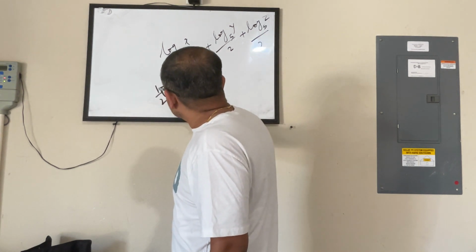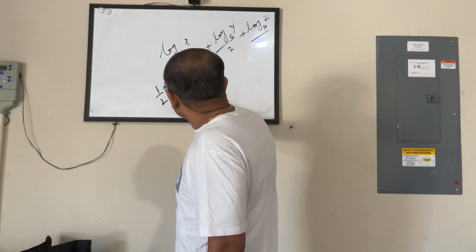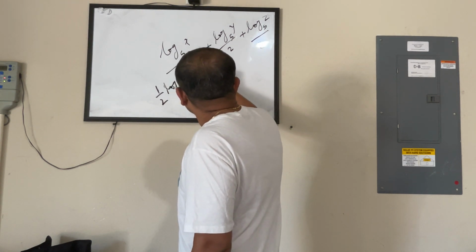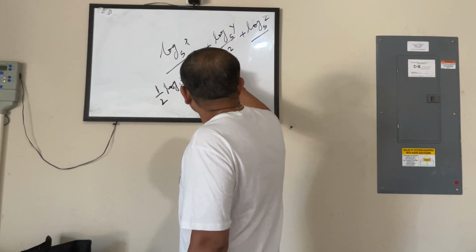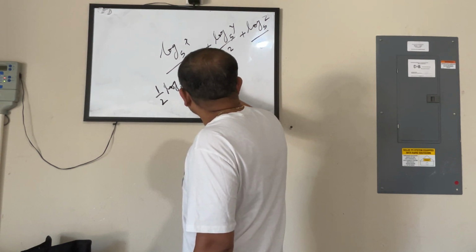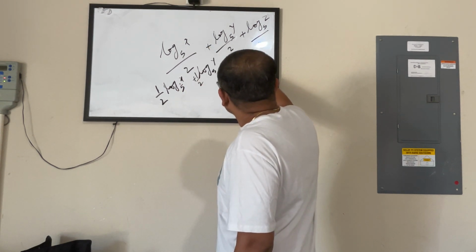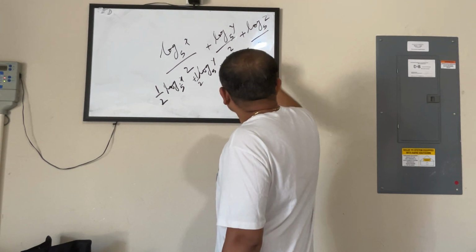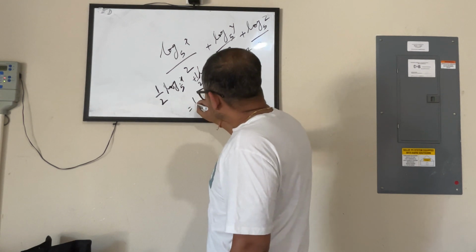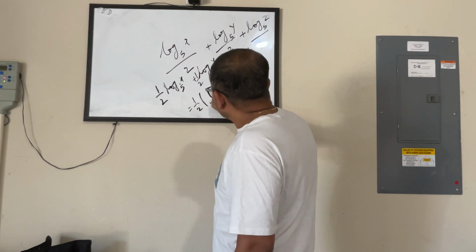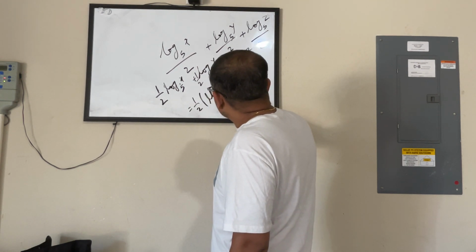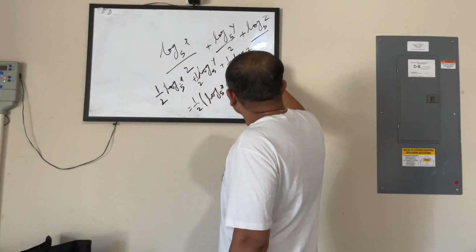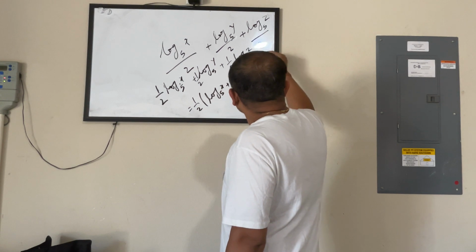It's simple. It's saying that 1 by 2 of log 5x plus log y, again 1 by 2 of this, plus 1 by 2 of log 5z. Yeah? I can take 1 by 2 common. Then says log 5x plus log y plus log z.